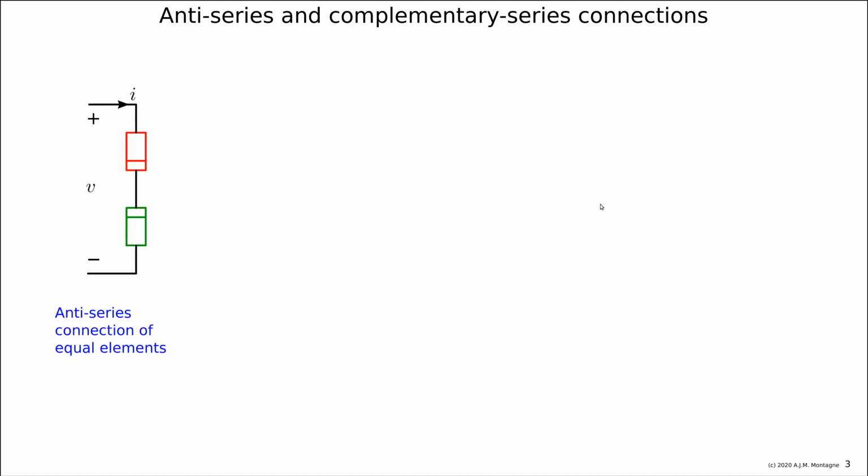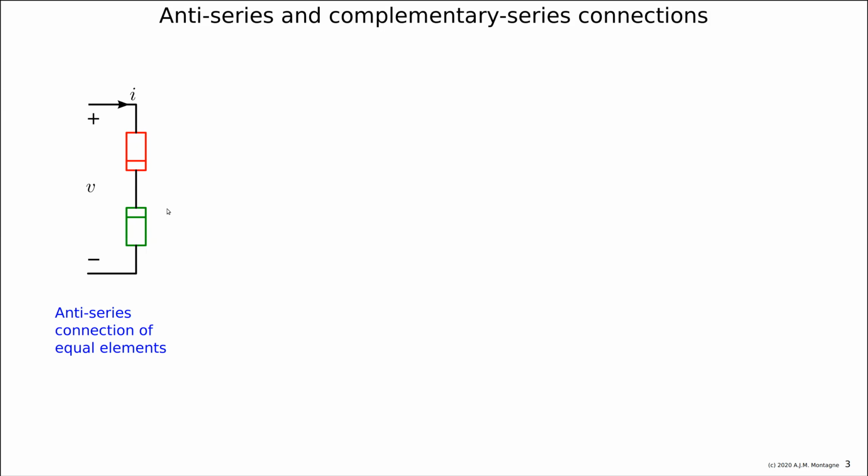That's basically all we have with two terminal elements. So here you see we have two elements, and one we place upside down. Two nonlinear elements, let's say nonlinear resistive elements, so they are resistors but nonlinear, and the nonlinearity is indicated by the extra line in the resistor, and you see that one is flipped with respect to the other.